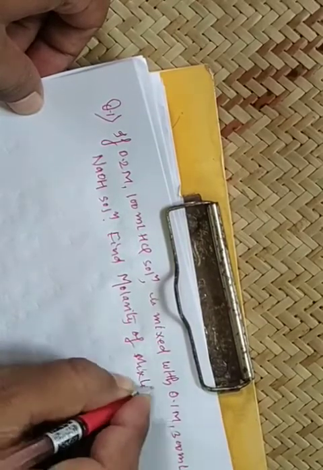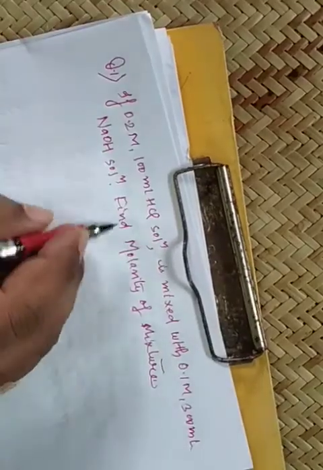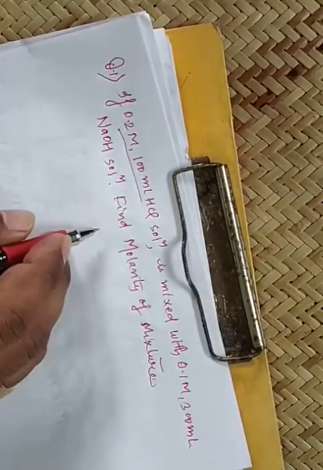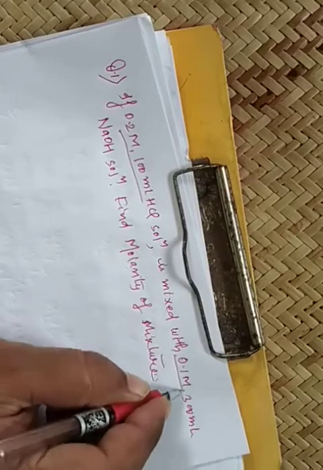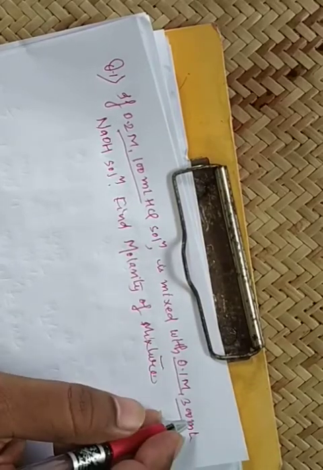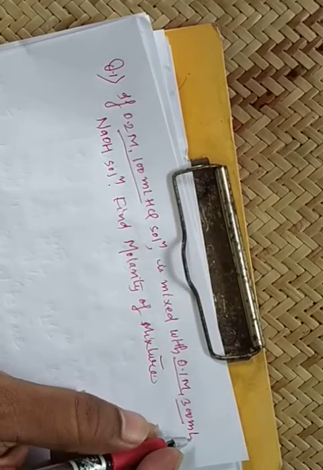So first you check which has the higher number of moles. There is 0.2 molar and 100 ml volume of HCl, and there is 0.1 molar 300 ml of NaOH.